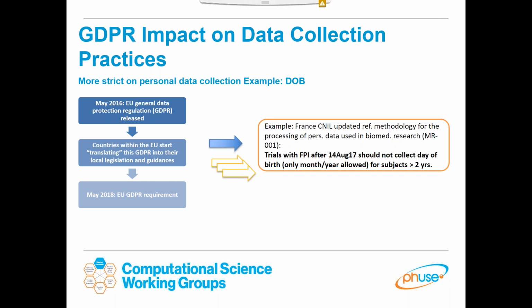And what we saw this year is that based on this new GDPR, for example, the France government released a law that says that trials with first patients after the 14th of August 2017 should not collect day of birth anymore. So we as pharma companies are not allowed to collect a day of birth or a full date of birth for any French subject that is older than 2 years.